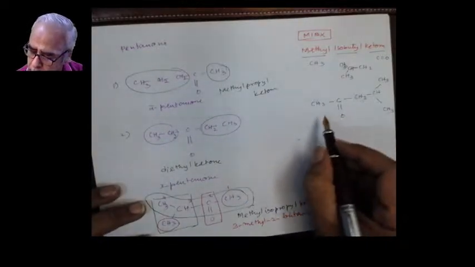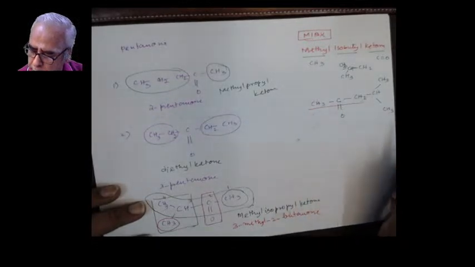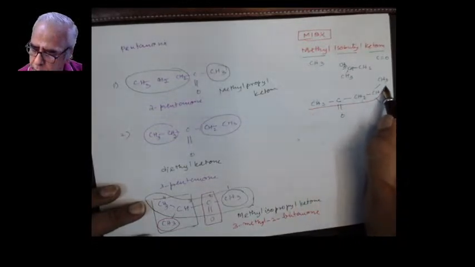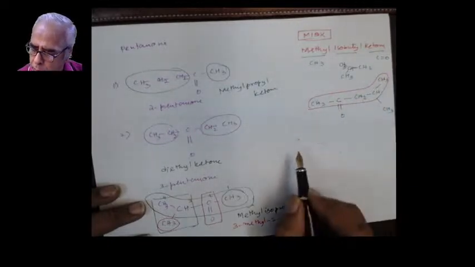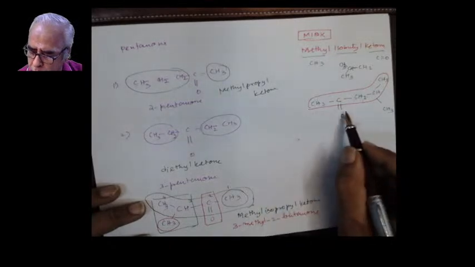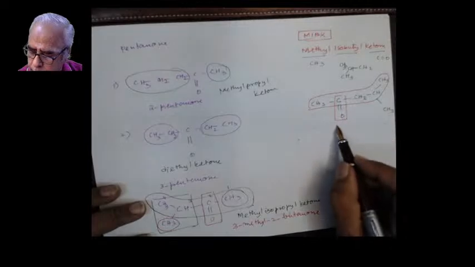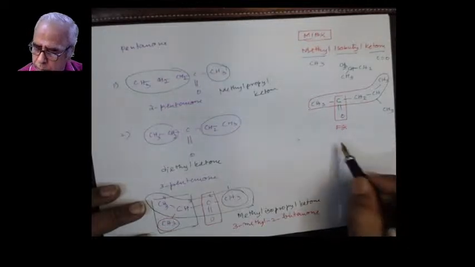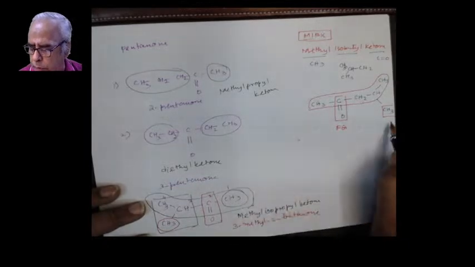Now draw the longest chain. You can draw the longest chain like this. And which are the substituent and functional group? C double bond O is the functional group, FG. FG means functional group. Methyl group is the substituent.